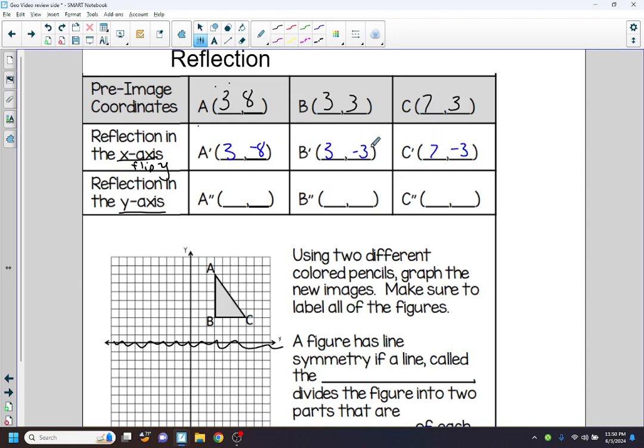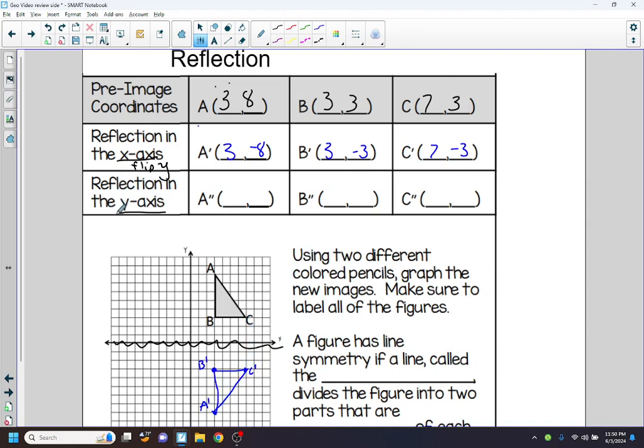My y values are the things that change when I reflect over the x-axis. That should make sense, because I'm flipping over the x-axis, I'm moving up and down. This is B prime, this is A prime, and this one is C prime. And you can see your triangle's nice and flipped over here. Okay?